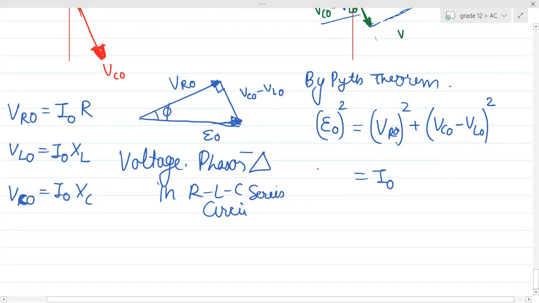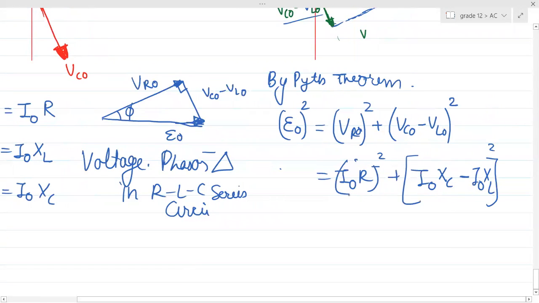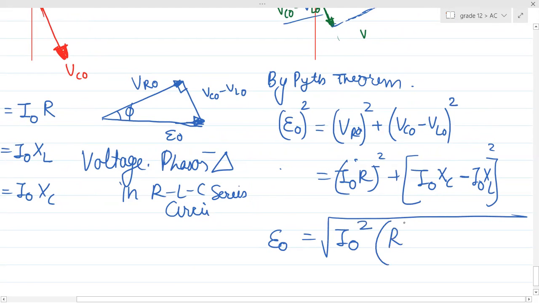So we can write this thing over here. I can write this as I naught R whole square plus I naught XC minus I naught XL whole square. When I solve this, I naught is a constant, and I can write E naught is basically under root of I naught square, and here I'll write R square plus XC minus XL whole square.